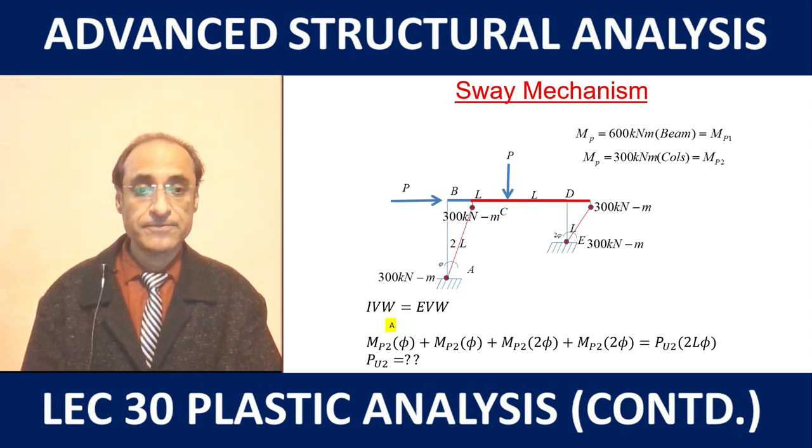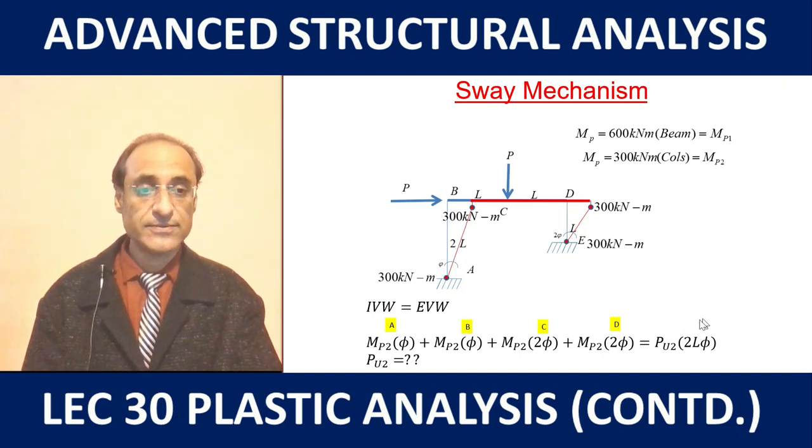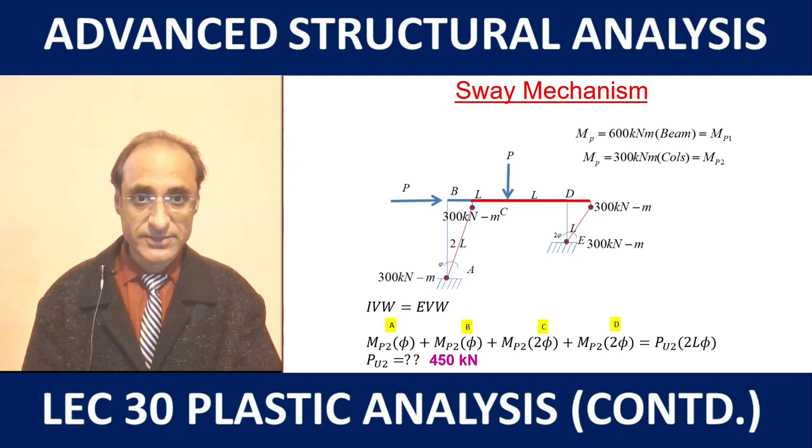All the locations A, B, C and D use MP2, which is 300 kN. The work done by the external force is 2L phi, because 2L is the length of the column and phi is the rotation here, so the net displacement is 2L phi. Solving, we get the value as 450 kN, which is lesser than the previous one of 900.